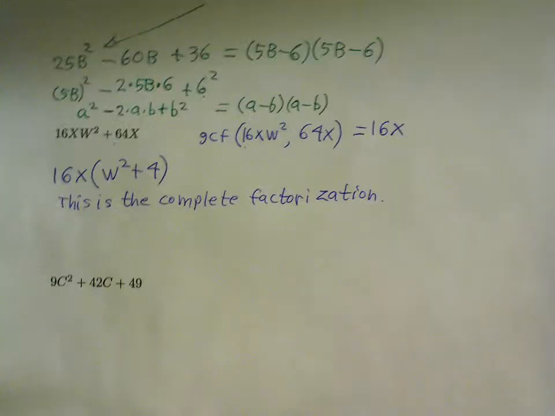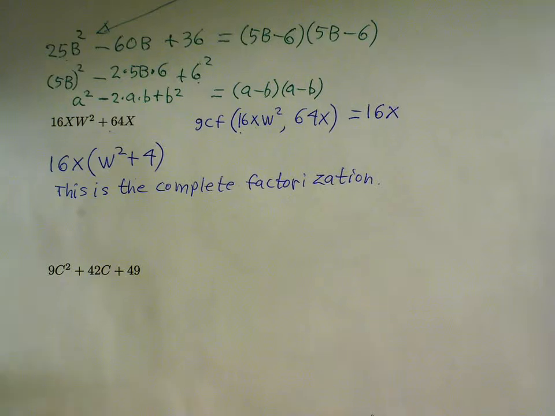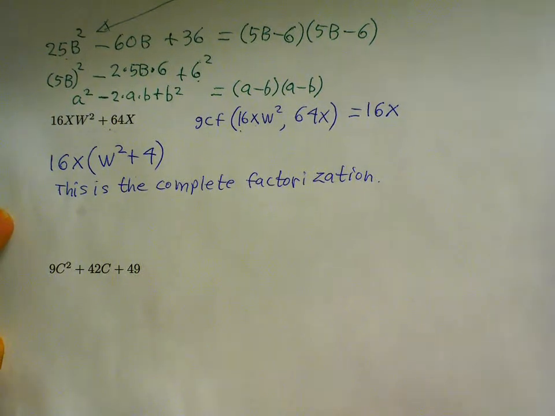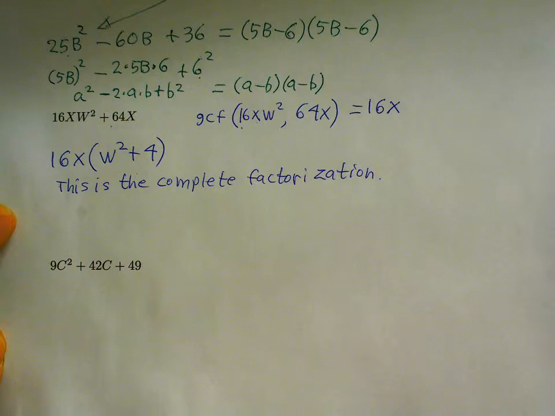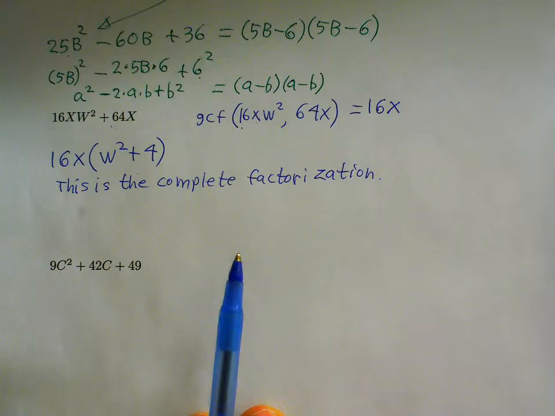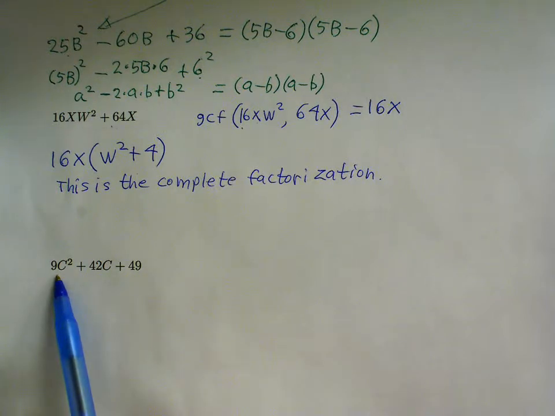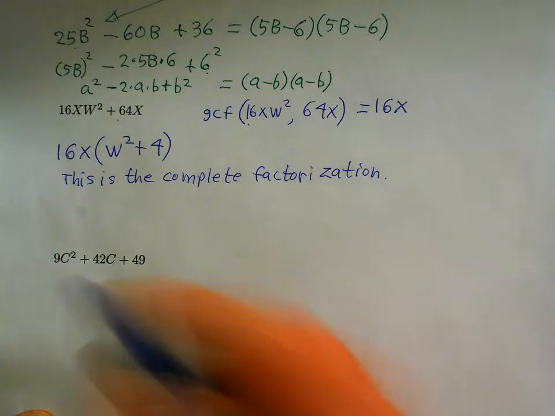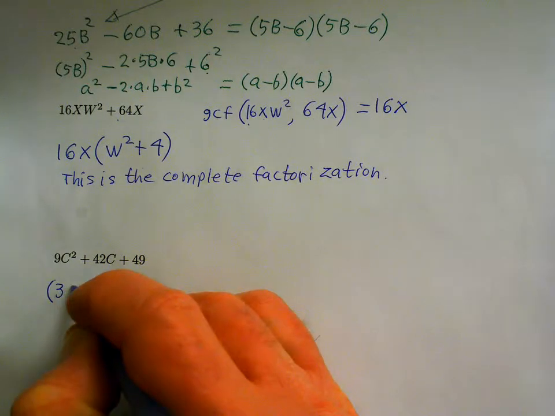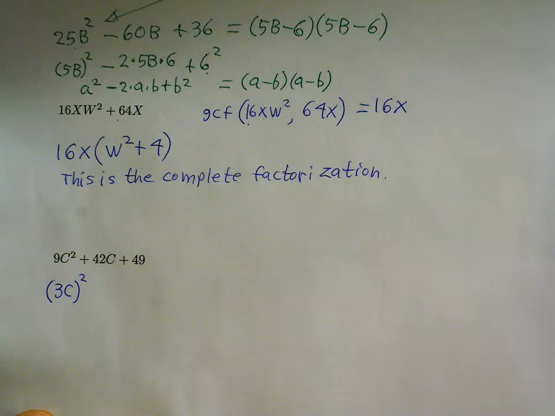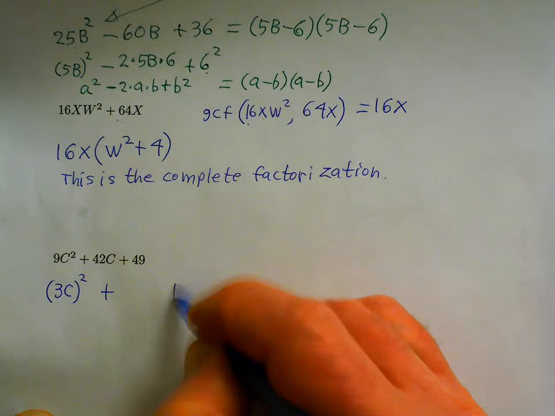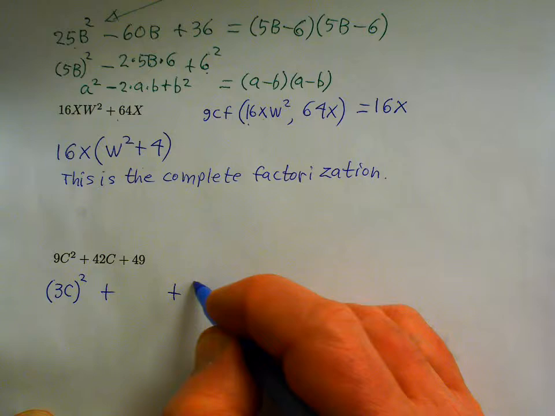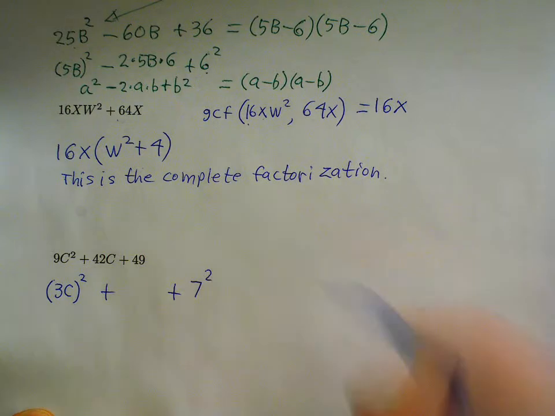Okay, the next example, 9c to the second plus 42c plus 49. The greatest common factor of all three terms is 1. The term on the left, 9c to the second, is a perfect square because if you square the term 3c, you get 9c to the second. The term on the right, 49, is a perfect square because if you square 7, you get 49.